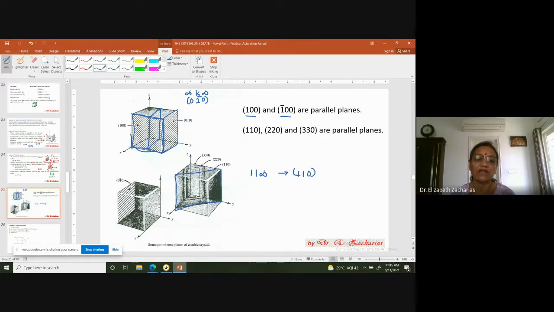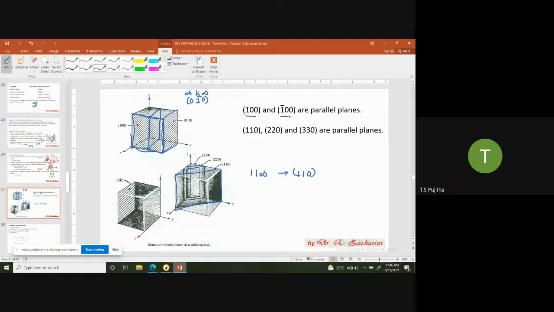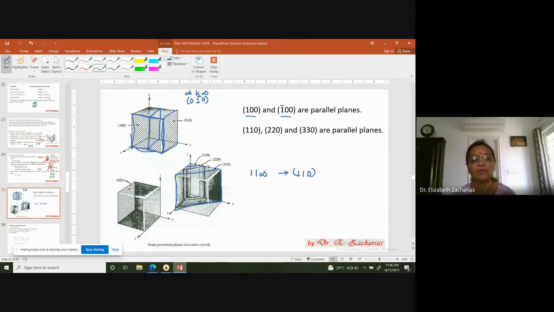Now take another parallel plane which is cutting the axis at half and half. Therefore, it is 2, 2, 0. Instead, take another plane which is going to cut into three parts. Therefore it becomes 1 by 3, 1 by 3, infinity.